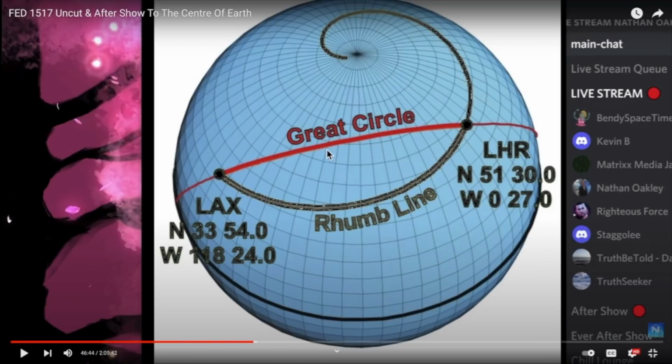You see how the angle here, it's coming up into that meridian, and here it's going down away from the meridian? That's the difference between a rhumb line and a great circle. The shortest distance between any 2 points on Earth, as well as on the surface of a sphere, is that great circle distance.